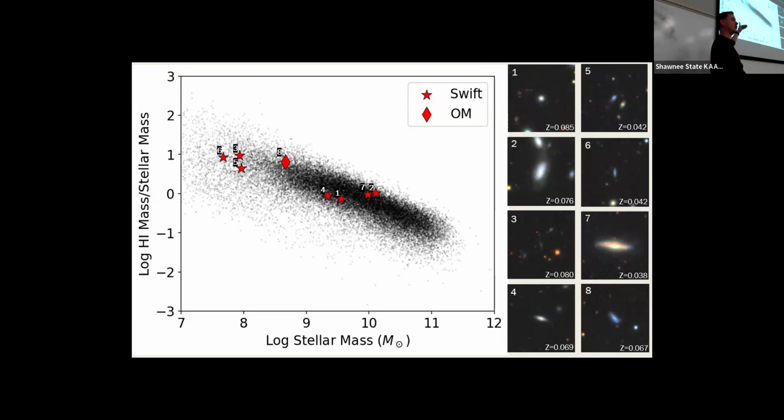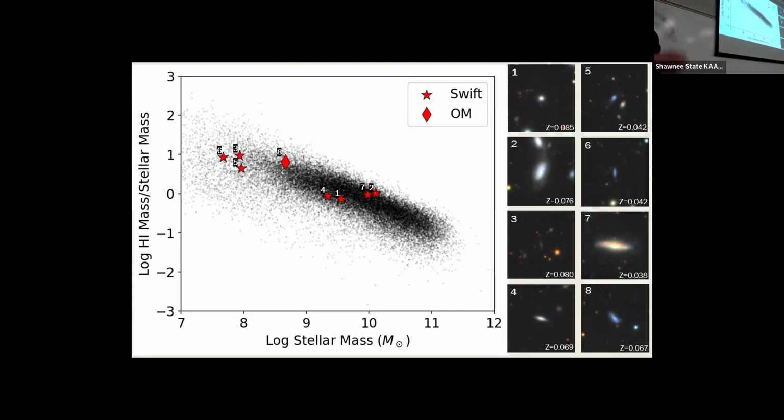So overall low gas fraction. By gas fraction, I'm meaning HI mass compared to the stellar mass. So low HI mass compared to the overall mass of the galaxy. And again, we've got a nice spread. We've got a few different points in a few different places to look in here. So 8, 2, and 7 are fairly high on that trend.